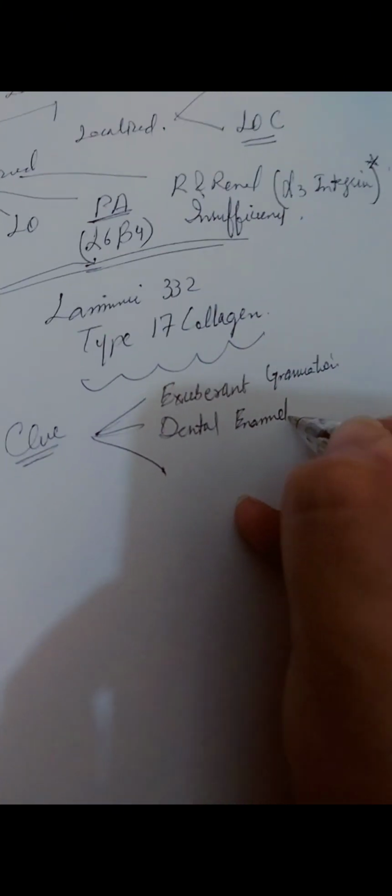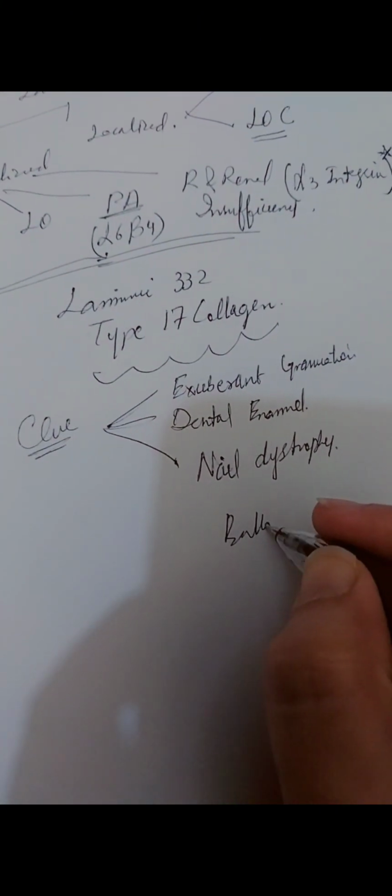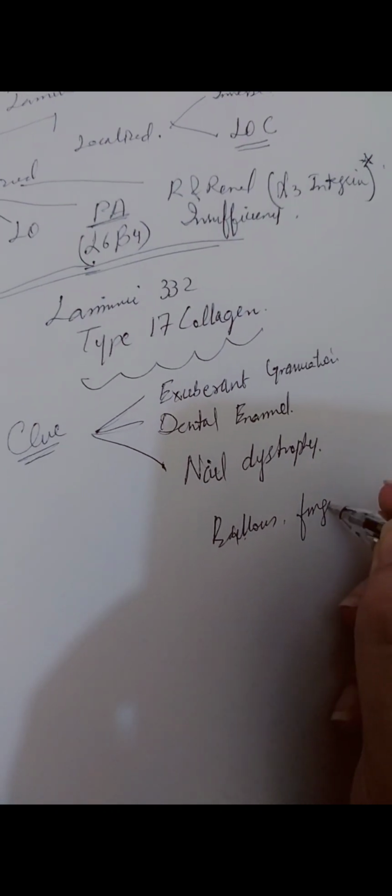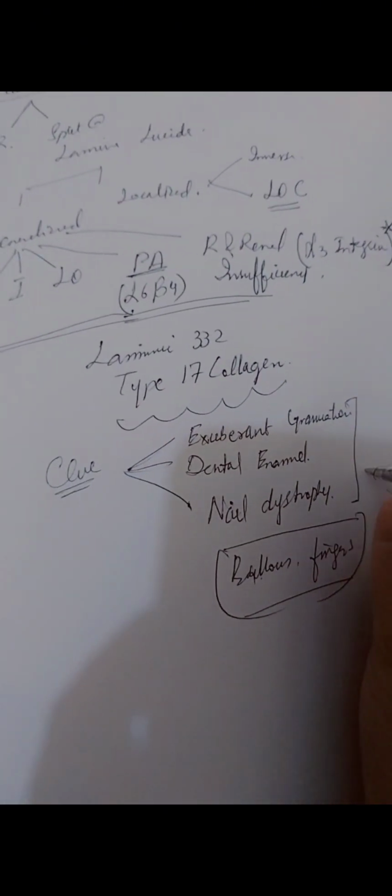Second is dental anomalies, which can be in the form of dental enamel pits, dental malformation, or premature shedding. Third is nail dystrophy. Nails are dystrophic and sometimes they shed prematurely, and there are bulbous deformities of the fingers. So these are the typical features of junctional EB.